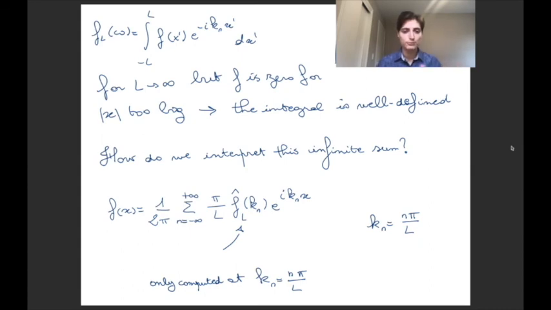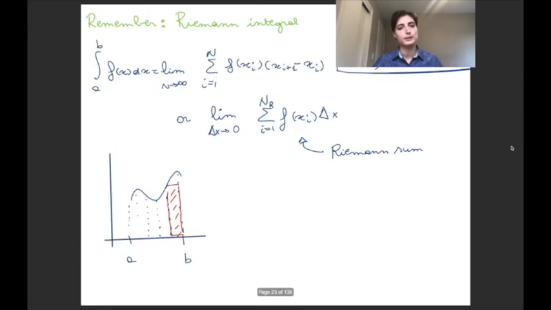So if we look at it, there is this f hat k_n. So we're doing a bi-infinite sum with a coefficient that depends on L, and a function that is computed only on k_n. Can we interpret this in some more intuitive way?